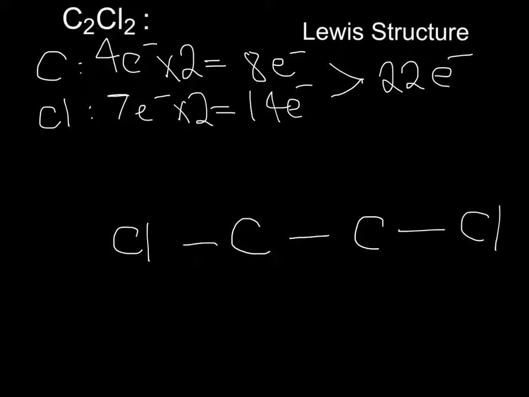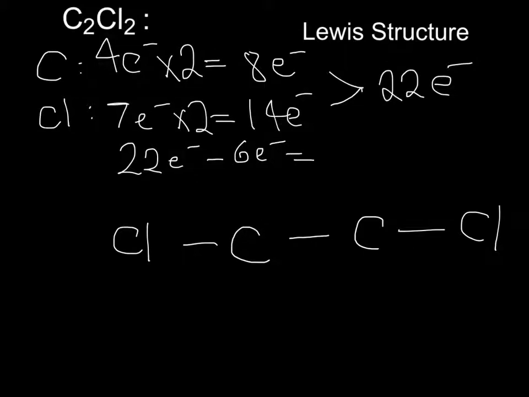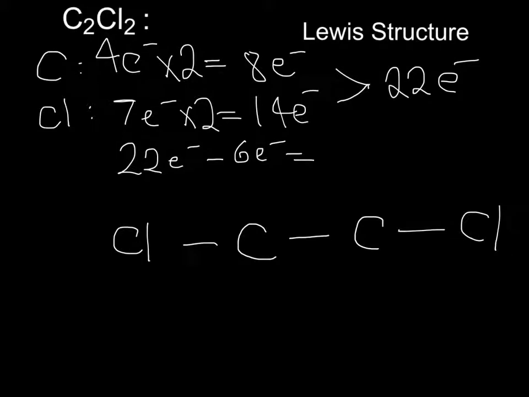And from here we can see that we are going to have 22 electrons minus 2, 4, 6 electrons, giving us a total of 16 electrons. And then we're going to go ahead and place some electrons on the outer atoms of this molecule.